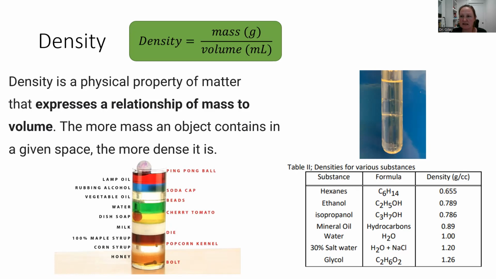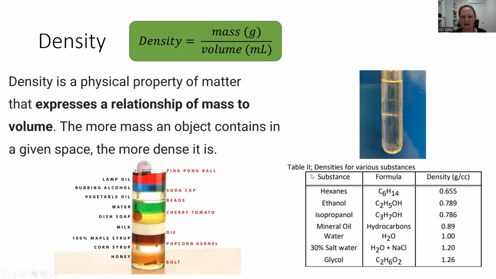So we'll have the density of all 3 of our substances. And then we're going to carefully pour those into a test tube, starting with the most dense liquid, then the second most dense liquid, then the least dense liquid.